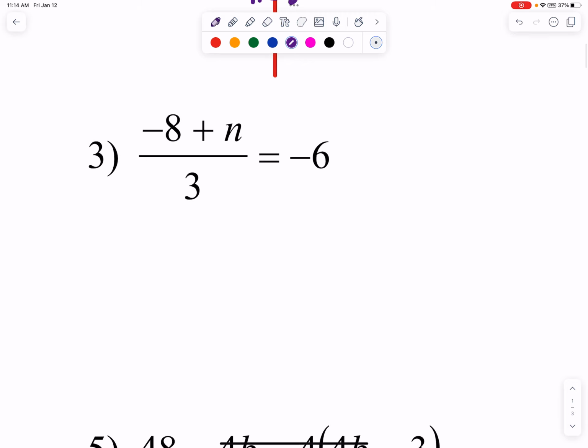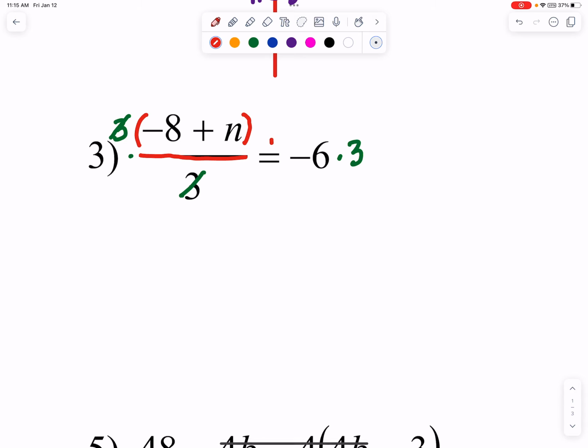Same type of thing. We have invisible parentheses, so we can't touch that yet. Let's go ahead and get rid of our divided by 3. How would we do that? Well, we would multiply 3 to both sides, and when we're multiplying, that goes to the right or left. So numerator divided by denominator, that's gone now.